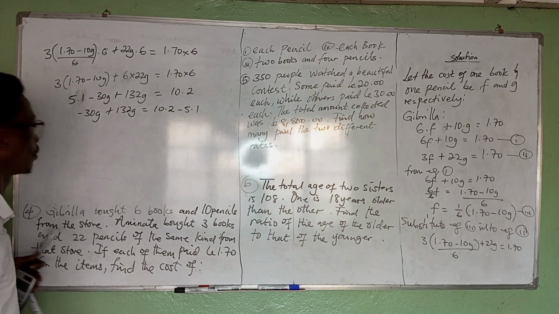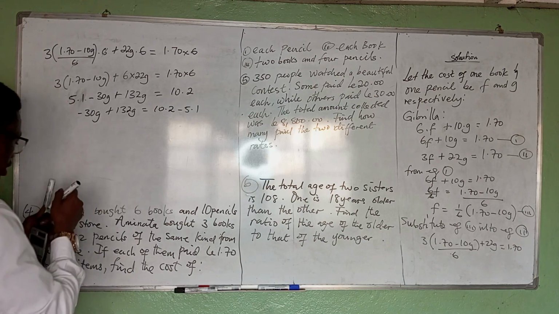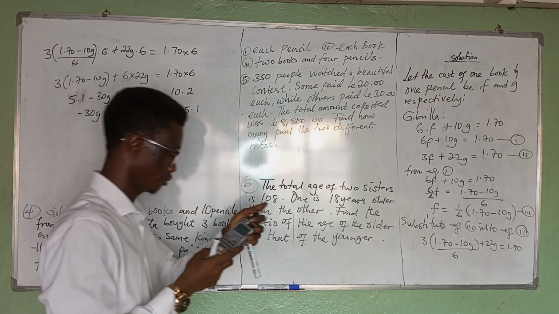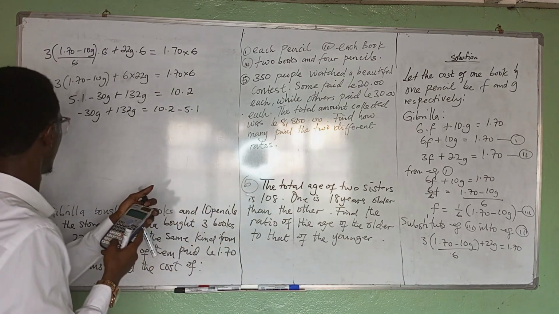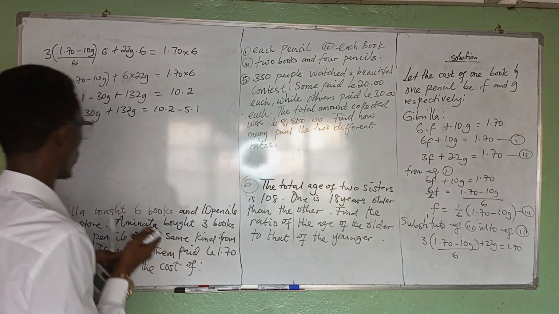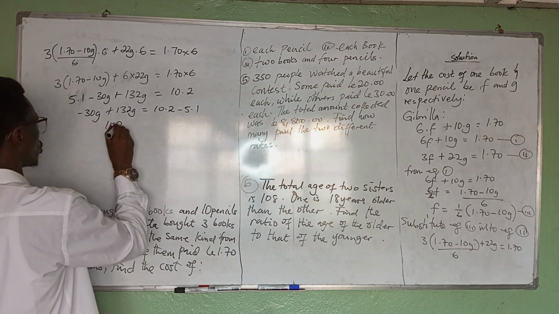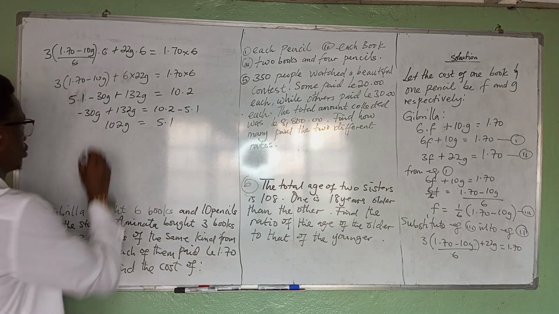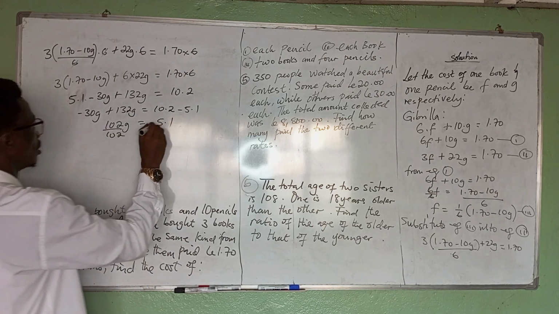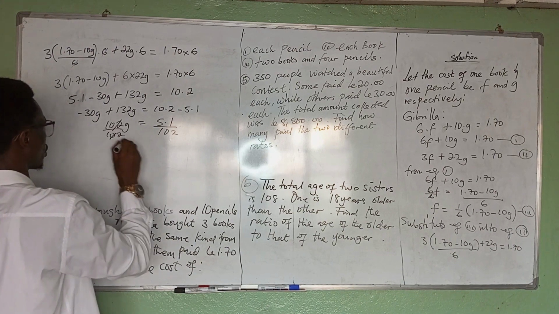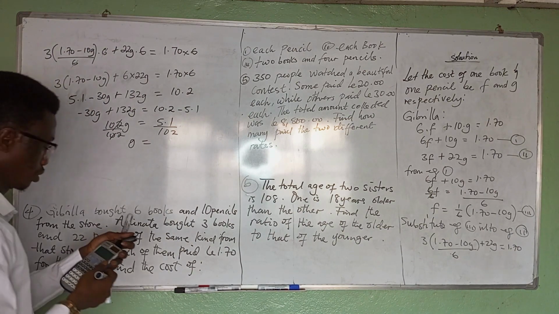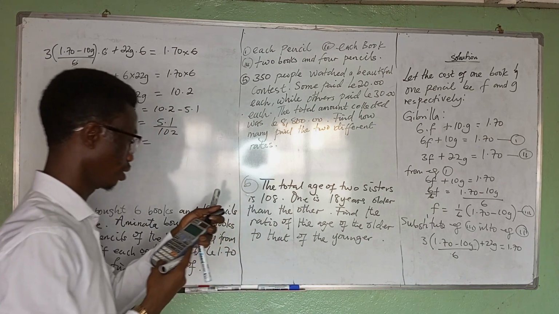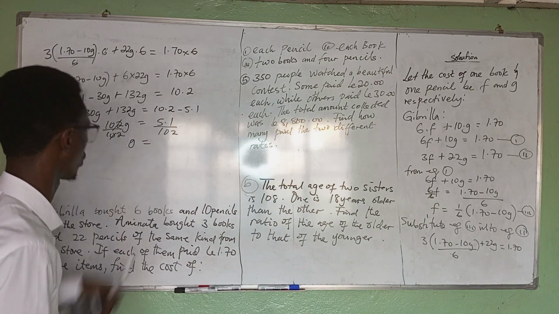So this one, if I subtract, I'm going to have 5.1. Now this, 132 minus 30, you have 102. So 102g equals 5.1. We divide by 102, this again 102. So this and this go. So your g equals 5.1 divided by 102. Use your calculator. So that will be 0.05.